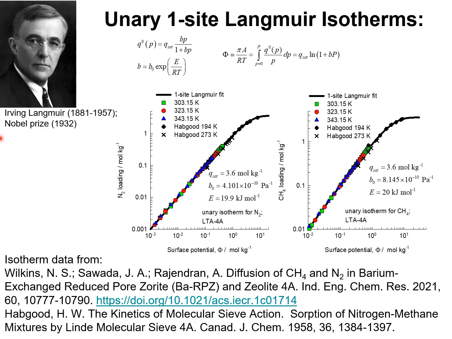The Langmuir isotherms are named after Irving Langmuir, who obtained the Nobel Prize in 1932. For a single site Langmuir model, the energy parameter E can be identified with the isosteric heat of adsorption.